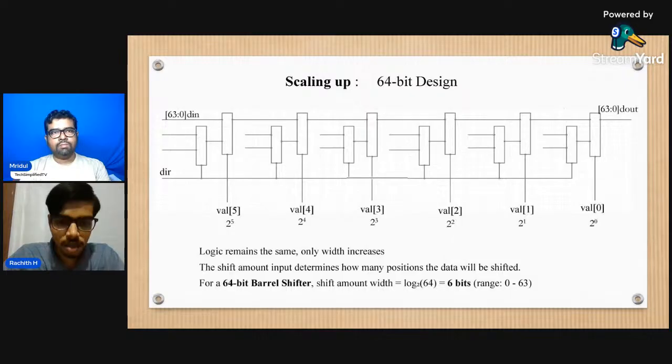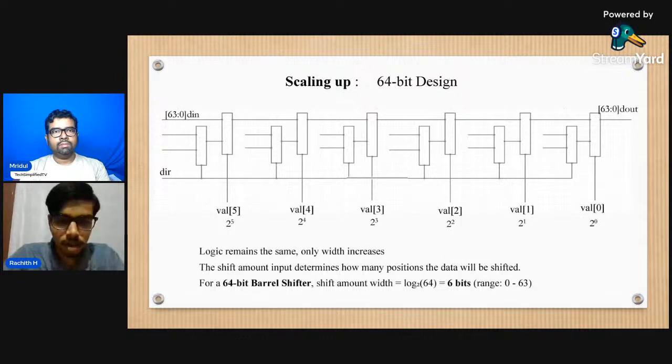So each multiplexer stage corresponds with 1 bit of value. These multiplexers select between the current value and the value shifted by the powers of 2. And you can see that the DIR signal, the direction signal, is also connected with subsequent multiplexers here, which decides whether to left shift or right shift.